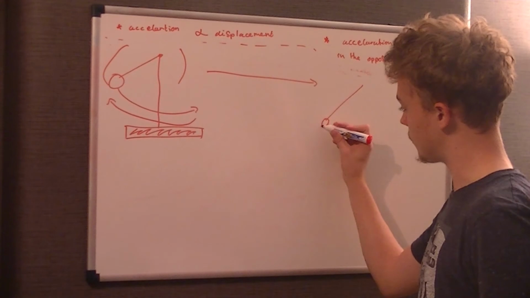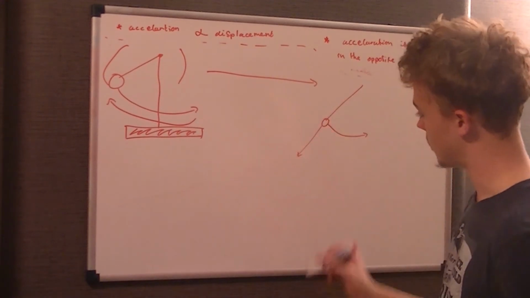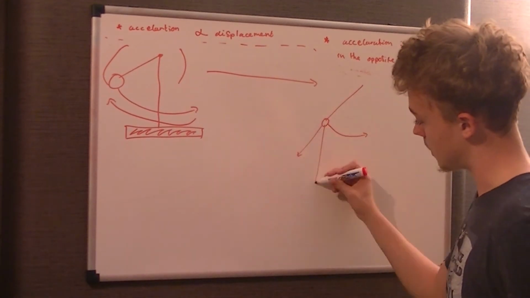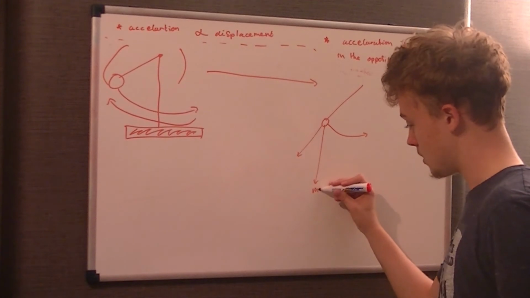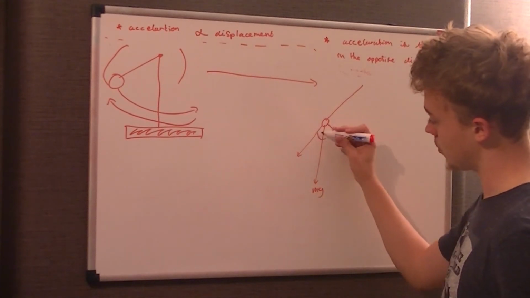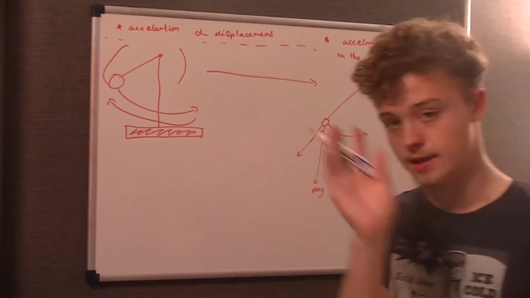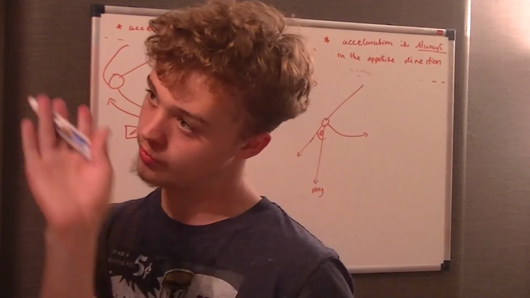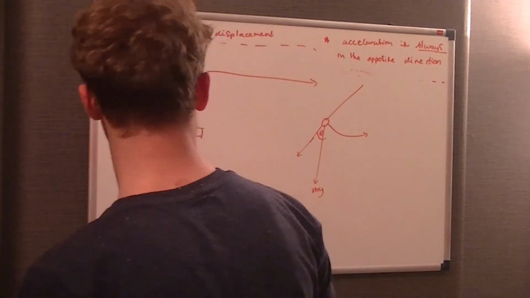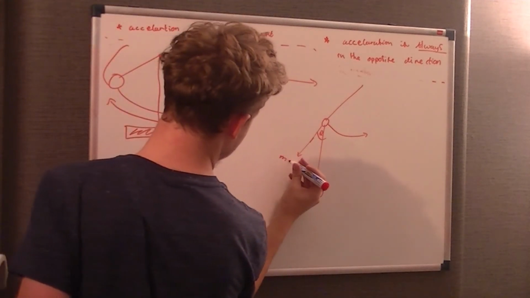The weight is acting downwards, but it's not acting straight down, so this is the mg here. If we try to resolve this force, directly down from the pendulum, we would use mg cos theta.